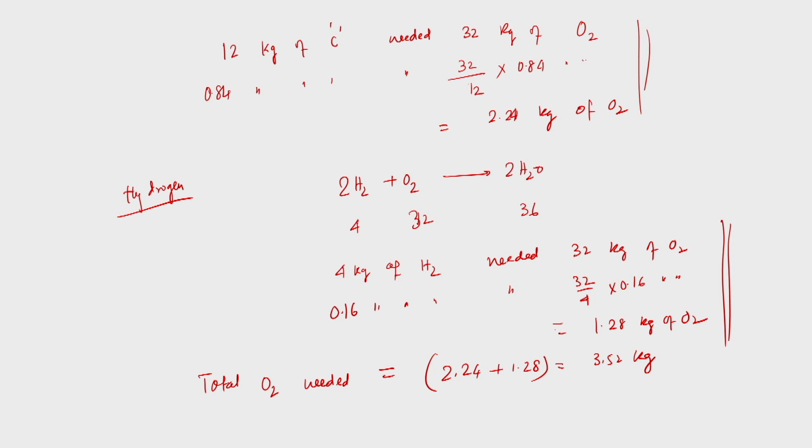That means all the carbon atoms will be converted to carbon dioxide and all the hydrogen atoms will be converted to H2O. There should not be any excess oxygen, otherwise we may have NOx and carbon monoxide. So we have identified the amount of oxygen required for the complete combustion.